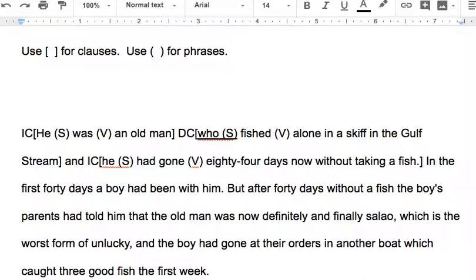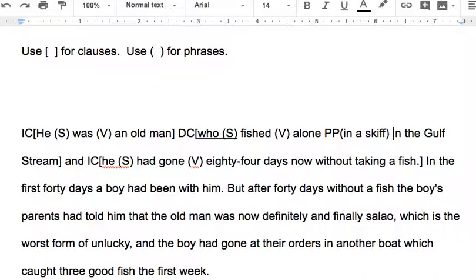And now let's go back and see if we can find any prepositional phrases. So let's see. He was an old man who fished alone in. Here's our first prepositional phrase. So we're going to put parentheses around prepositional phrases and identify that as a prepositional phrase. Preposition plus the noun.